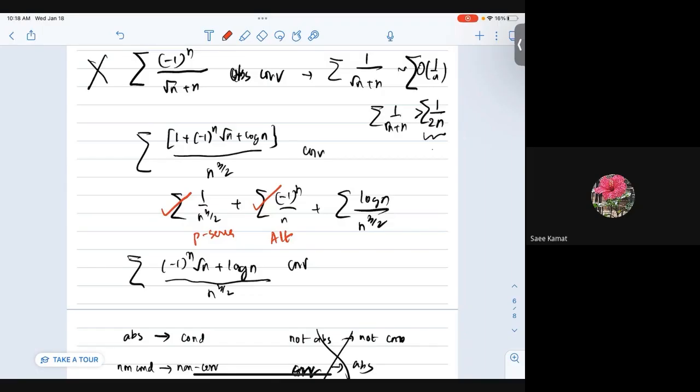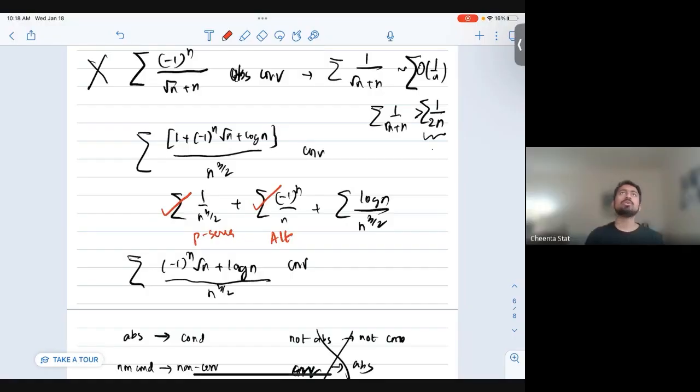So I need something that gives a lower bound to log n if I have to prove it divergent. So log n is less than n. What is the maximum power log n is less than or equal to?